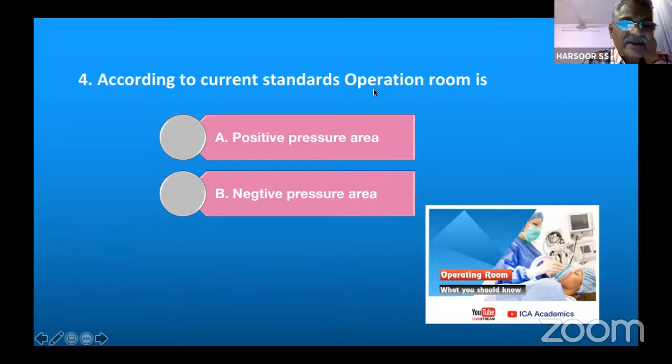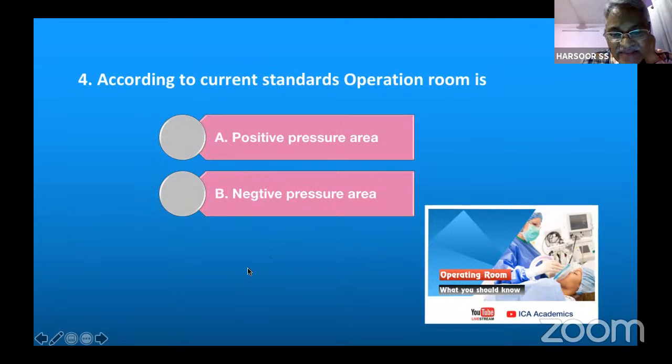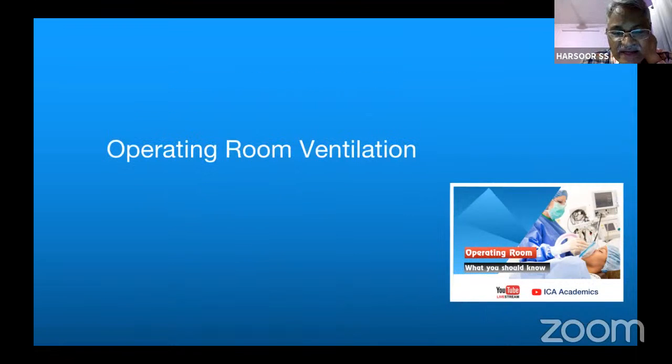And another last question: according to the current standards, the operation theater should be a positive pressure area or a negative pressure area? Your answers, please. Both options are coming.